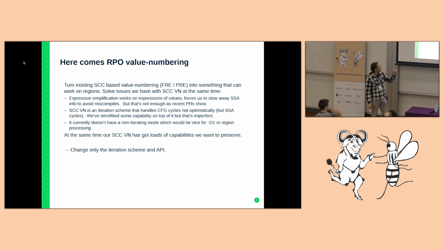But the idea was to go over to a scheme that is optimistic in the CFG, so that we can really assume all edges are not executed at the beginning of the iteration. And the current SCCVN doesn't have a mode where it doesn't require iteration, which would be really nice for a cleanup phase, where you eventually don't want to spend compile time on trying to be optimal.